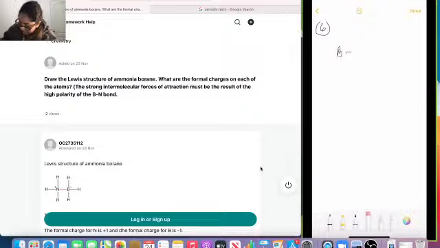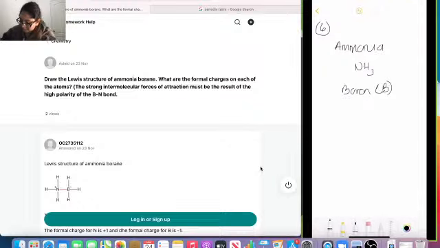So ammonia is NH3, okay, and then boron is just B, right?